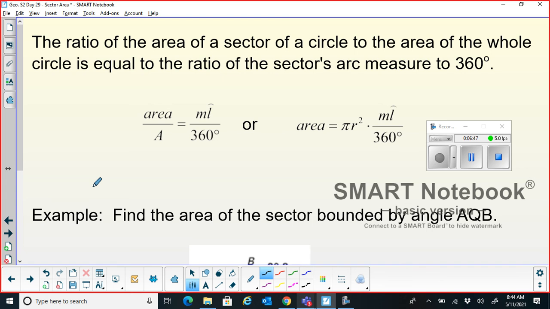Here, by area I mean the area of the sector, and by A I mean, in the formula, the area of the circle. This is your measure of arc, the central angle made by the arc.